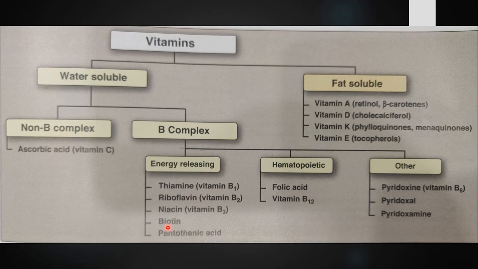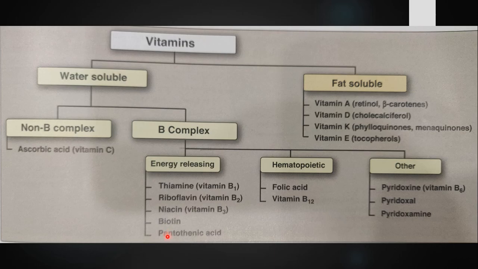You will see in the markets very costly biotin preparations available, and written on them is that they are for good hair growth, good nail growth, and healthy looking skin. Particularly people conscious of their hair go and take such preparations. So biotin is very important.